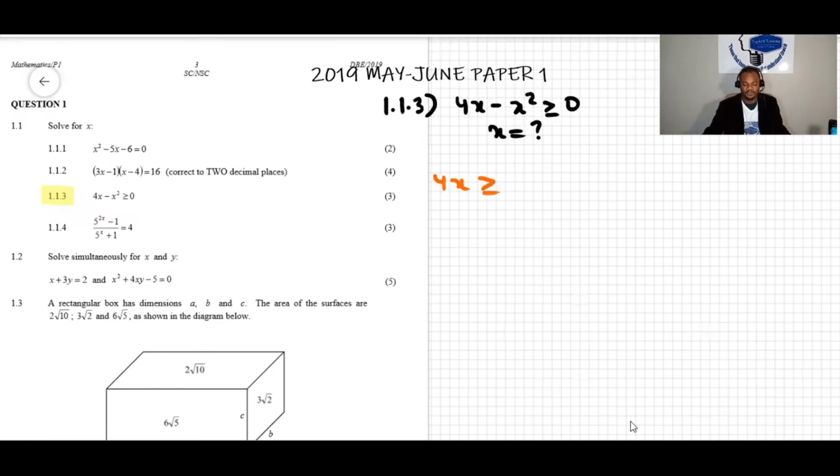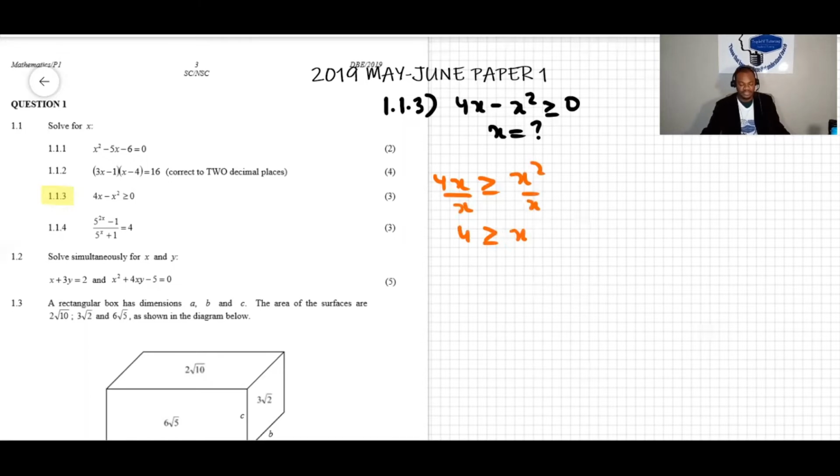They move the negative x squared over, and then they divide by x, and therefore 4 is greater or equal to x, and then we see x is lesser than or equal to 4. This is not the correct way of solving this, because though it is partially correct, it's not the correct way. What we're supposed to do is factorization.